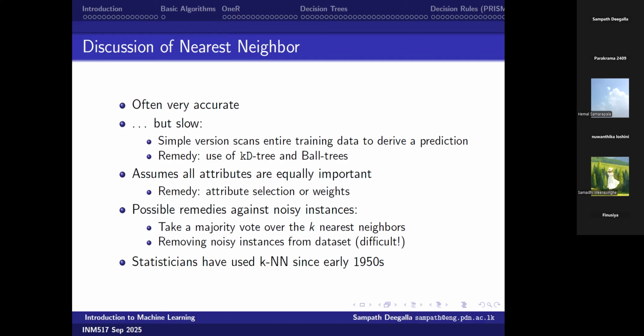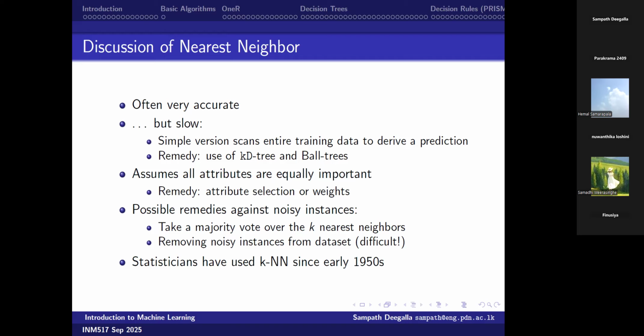So if you have a large number of attributes and a large number of data points, you will see that it's very, very slow. One way to handle this is to have some efficient ways of representing this data. There are some data structures like KD trees or ball trees, which we can use to efficiently store the distances or the instance details. Next point is you can assume all attributes are equally important.